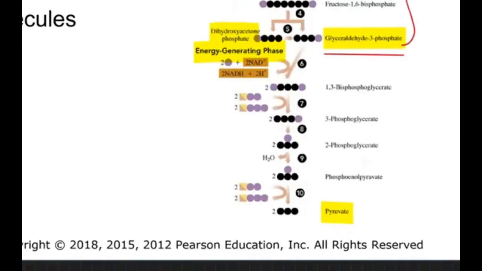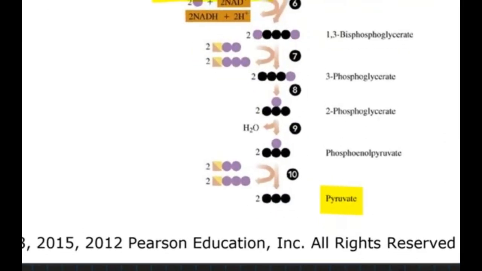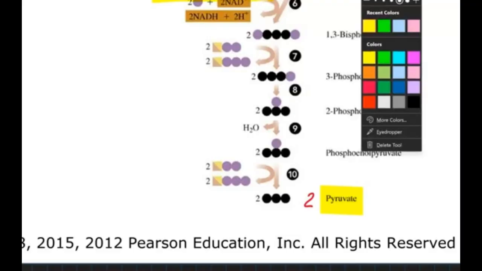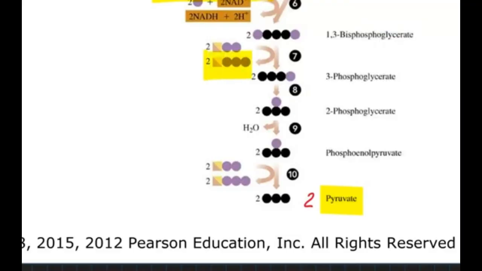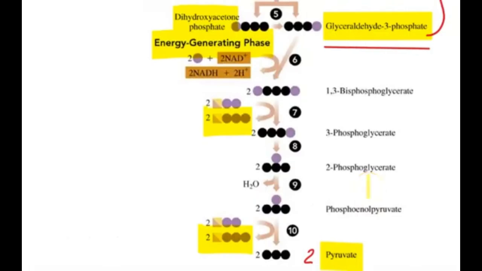So you can see that first of all, the product here is 2 molecules of pyruvate at the end of glycolysis. But that's not it. This reaction also generates a total of 4 molecules of ATP and 2 molecules of NADH.